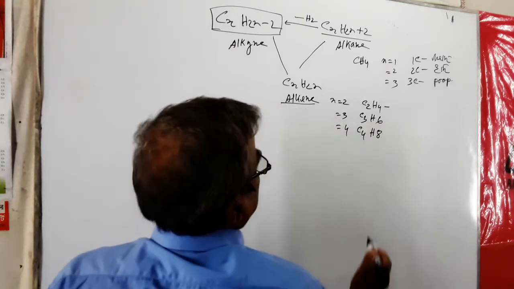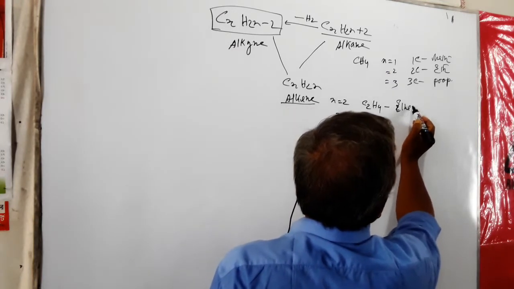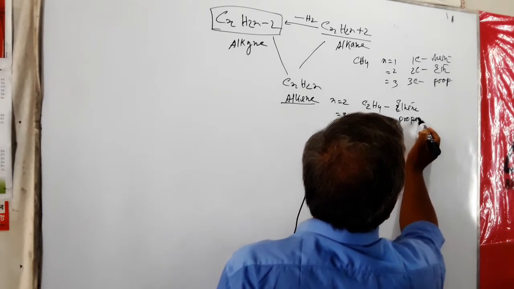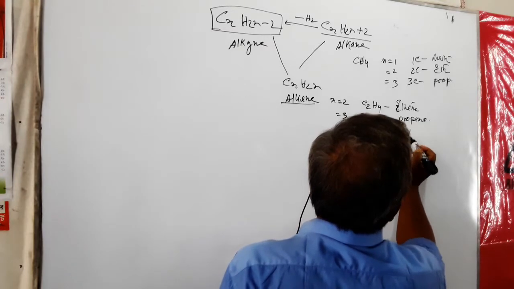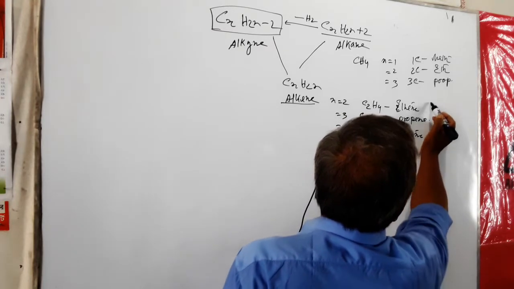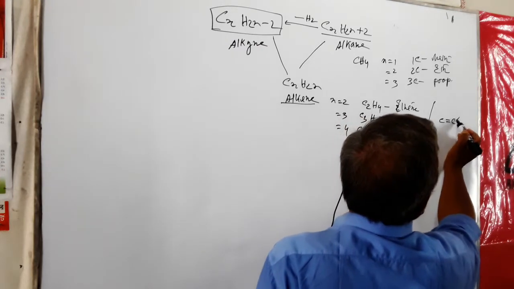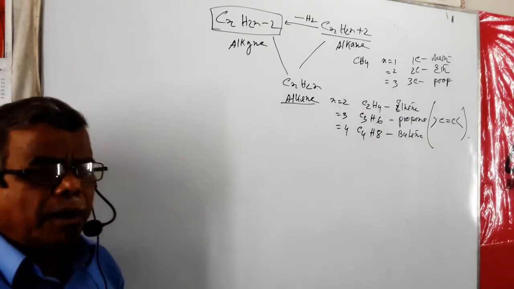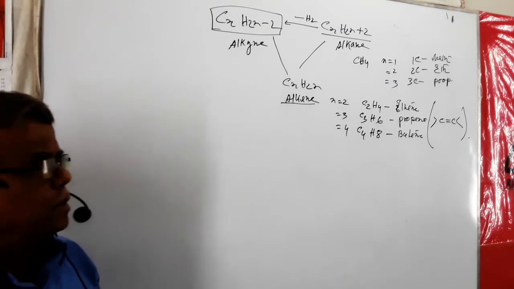These are ethene, propene, butene. These all contain a carbon-carbon double bond. It means that carbon-carbon double bond containing compounds are alkene.